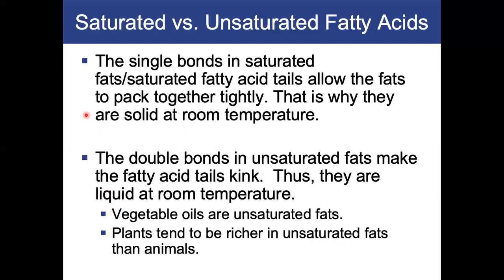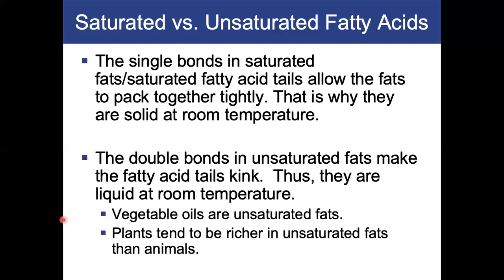Coconut oil is actually a saturated fat, but it comes from a plant. But you'll notice that at room temperature, if it's cold enough, it's a solid, but if it's warm enough, it's going to turn into a liquid. So coconut oil is a saturated fat. It's just that its melting point is around 80 degrees Fahrenheit or something like that.